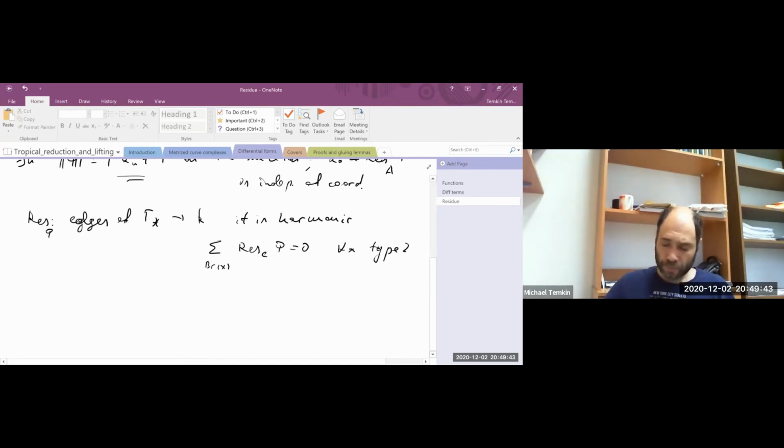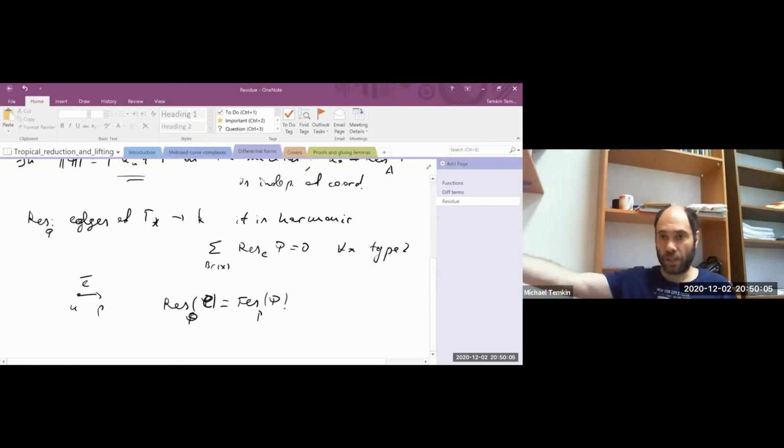And if we are given a leg E, then the residue of phi at E equals just the usual residue of phi at P. So it's compatible with the classical situation at marked points.